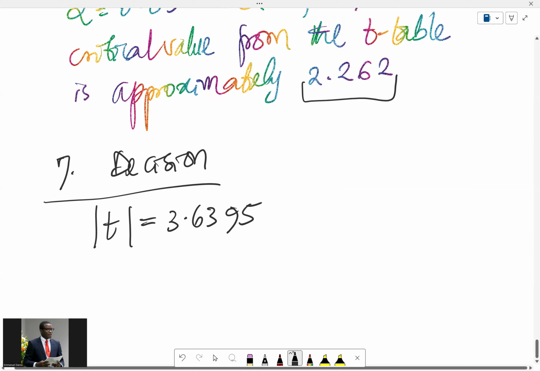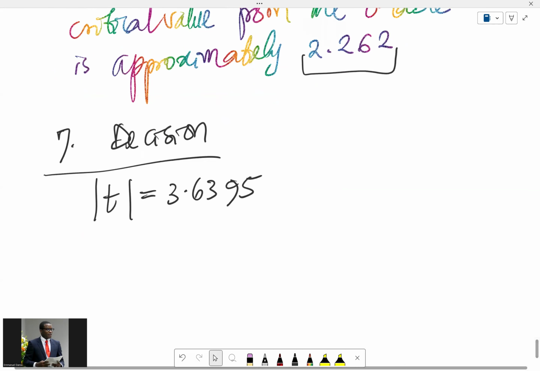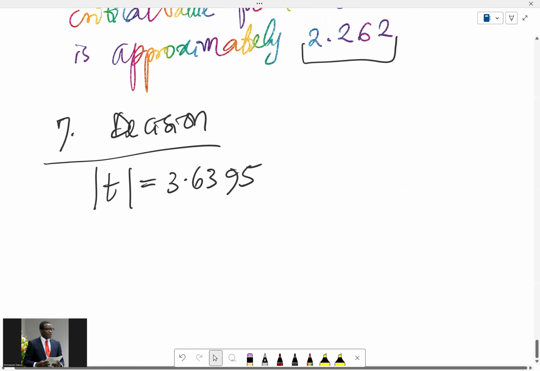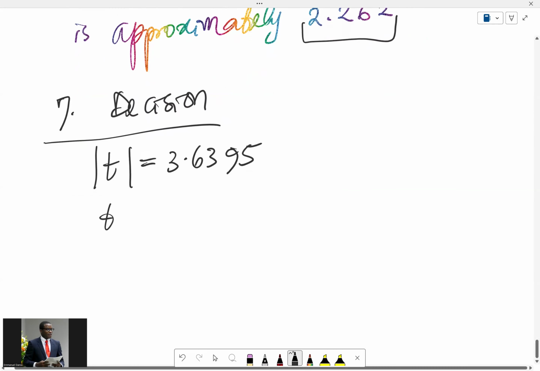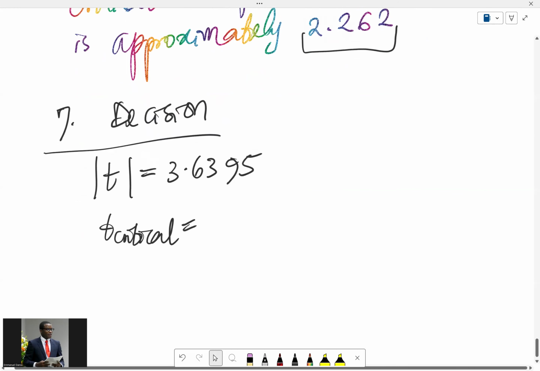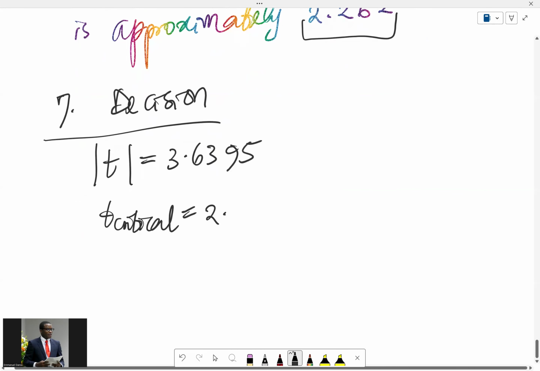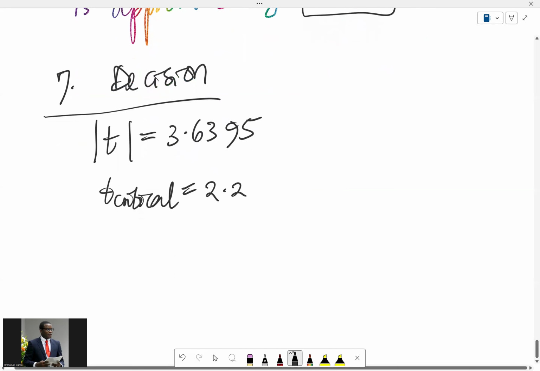Yeah, let's leave it like this, 3.6395. And then your t critical that you got from the table is equal to 2.262. And what happens here?